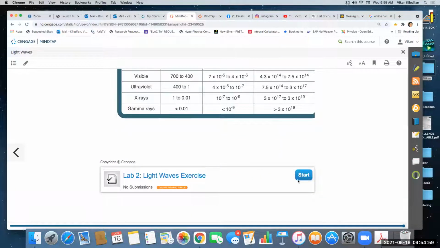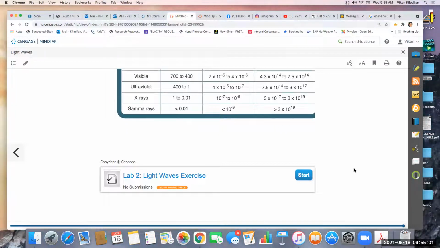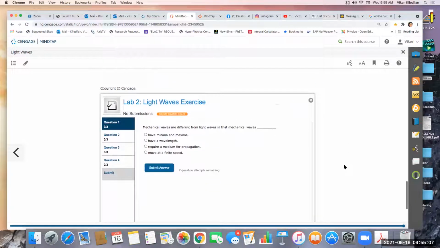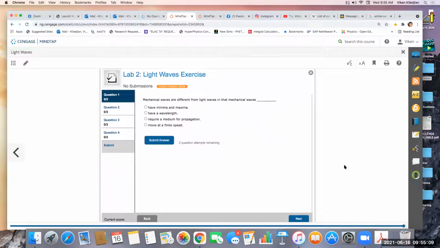Okay, so I believe this is the first exercise right here. Basically it's just one where you answer. Again, since there are 4, you don't have to take a picture of each one.